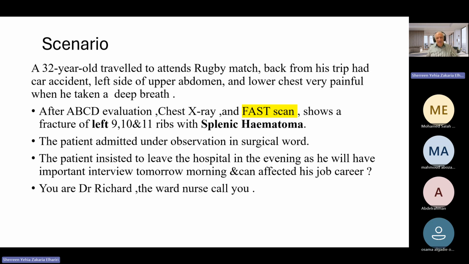After ABCD, airway, breathing, circulation, and disability evaluation, chest x-ray and FAST scan show fracture of left 9, 10, 11 ribs, splenic haematoma. Patient admitted under observation, surgical ward. Patient insisted to leave the hospital in the evening as he has an important interview tomorrow morning, which can affect his job career. You are Dr. Richard, the ward nurse calls you because the patient insists on leaving.